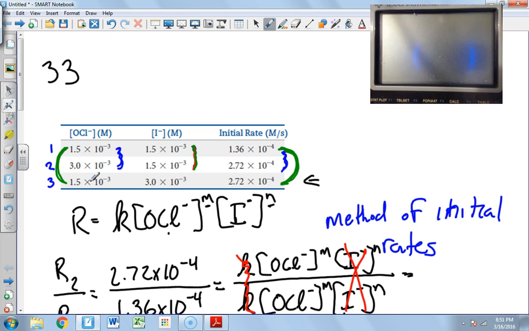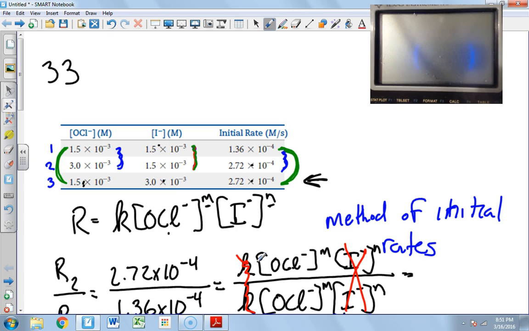Okay, we can't choose this, this, and this. We have to choose this, this, this to do this. Okay, so I am going to pick experiment 3. Why am I going to pick experiment 3? I don't know. It'll work for any of them. It doesn't matter which one you pick.